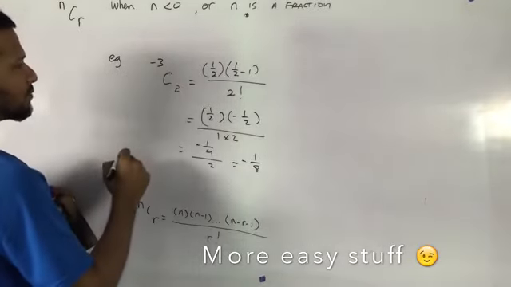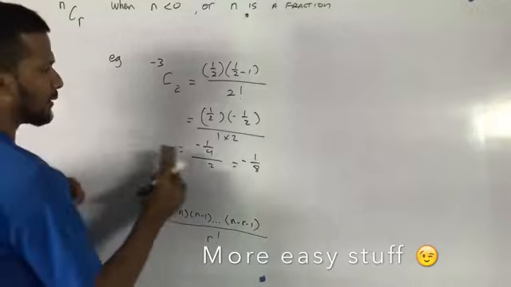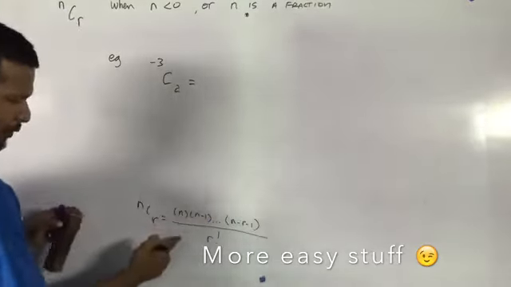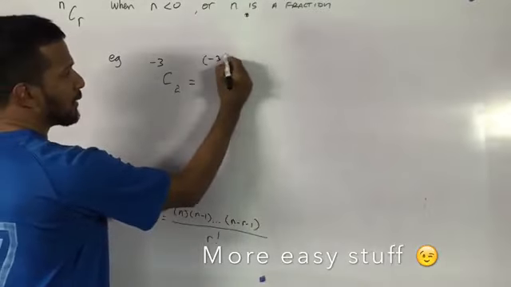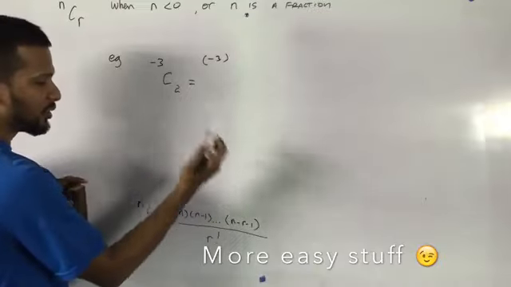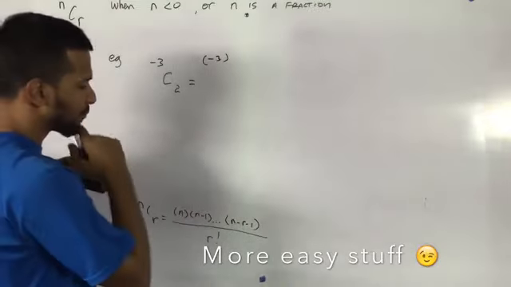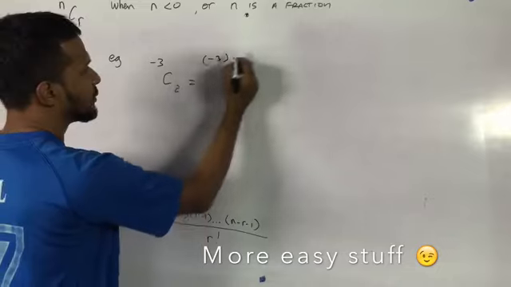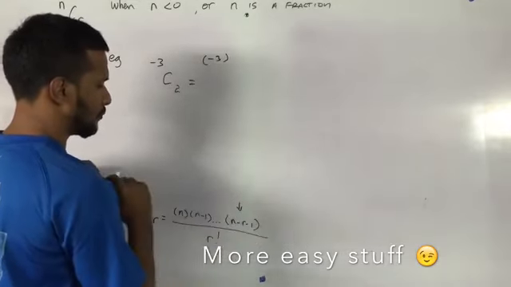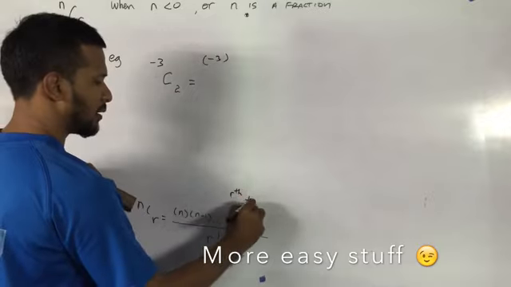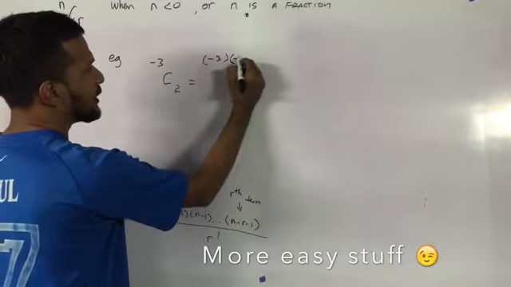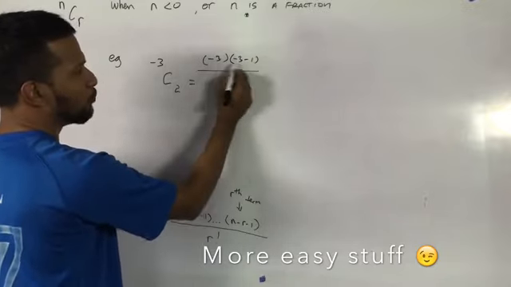So negative 3. Right? Let's do negative 3 now. So we follow the rule. Always remember, if it has a 2 here, it means you're going 2 terms. If it has a 3, you're going 3 terms. So it will be negative 3 by negative 3 minus 1. We're doing 2 products.